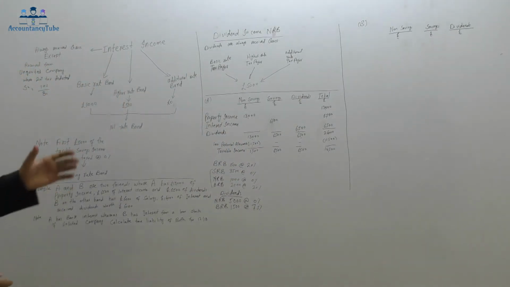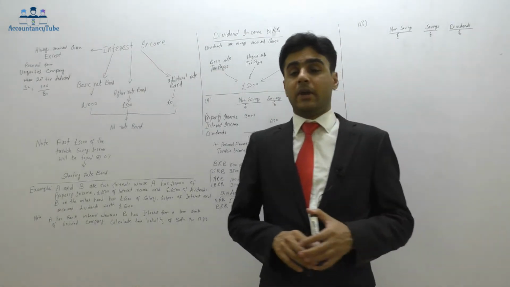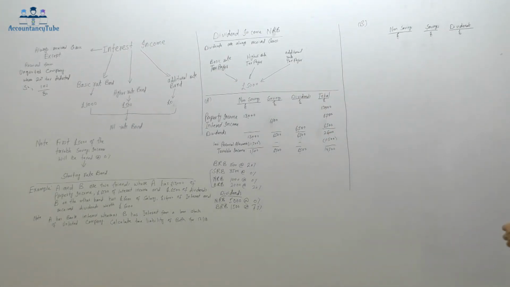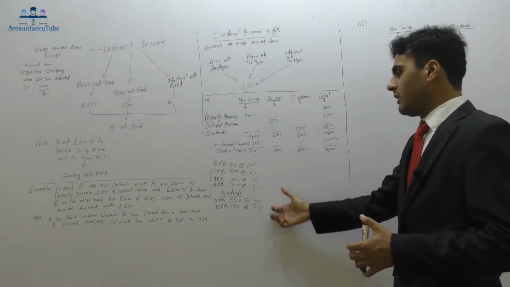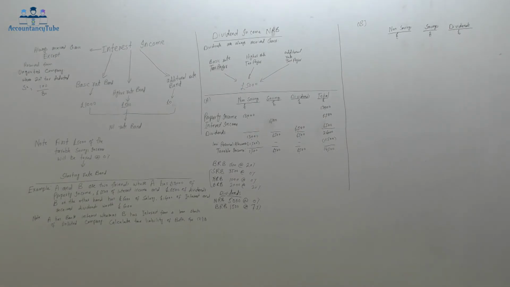All right. So the dividend nil rate band will always be available whether you are a basic rate taxpayer, higher rate taxpayer, or additional rate taxpayer. Please make sure you calculate the tax liabilities. So £1,500 of the non-savings income, because it falls within the basic rate band, at 20%. Then we come to the savings income, because £1,500 has already been used.